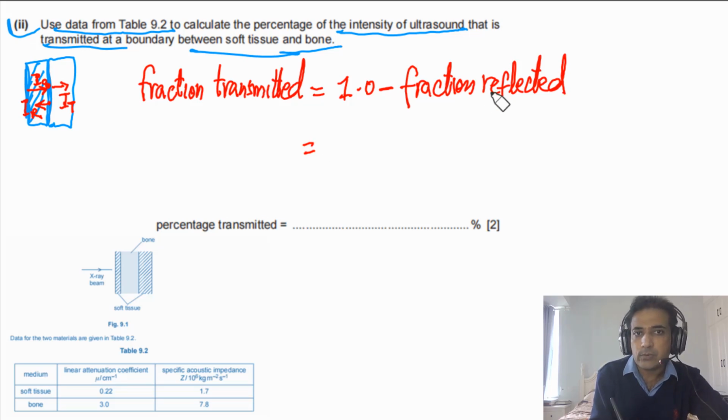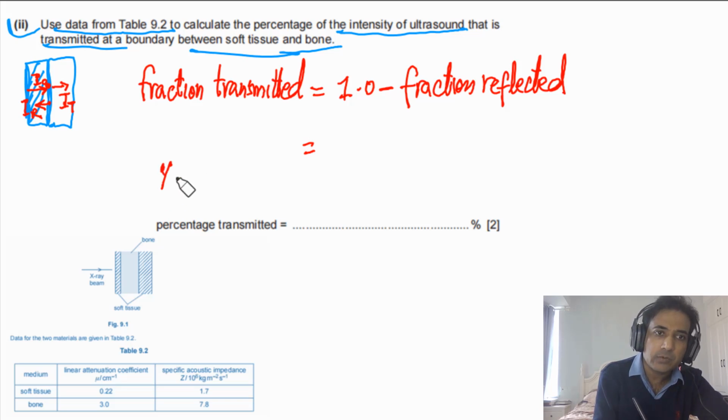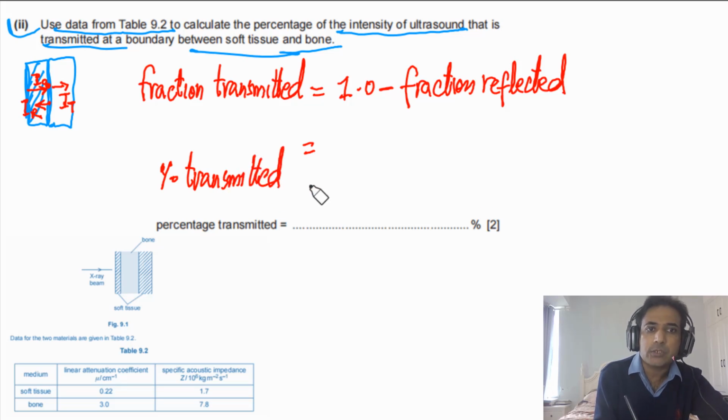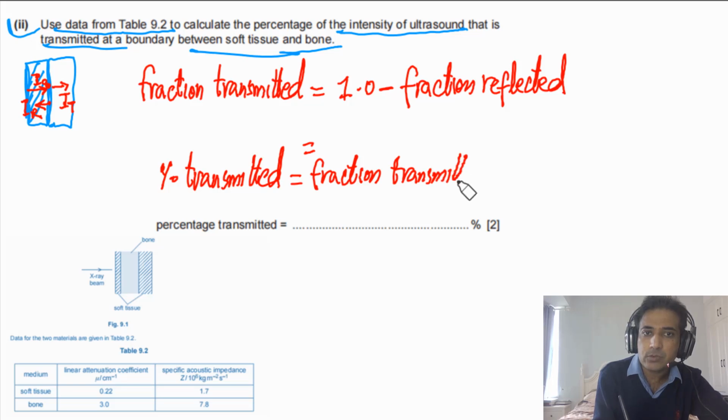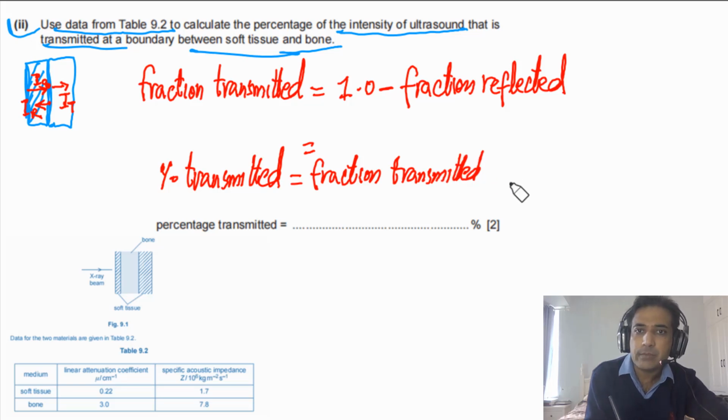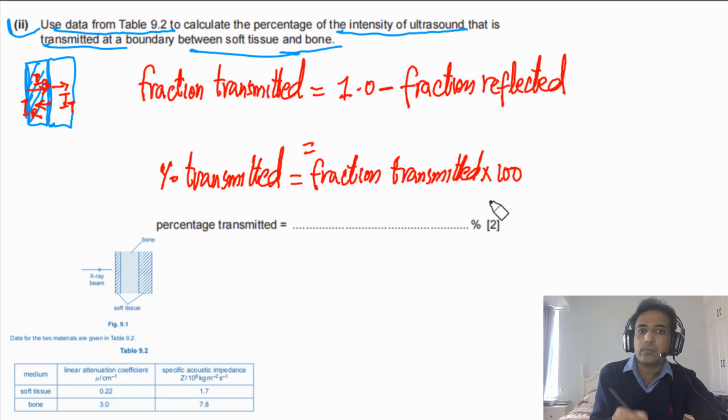If we can calculate the fraction reflected, we can find out the fraction transmitted, and if we have the fraction transmitted, then we can find out the percentage transmitted. The percentage transmitted will be equal to the fraction transmitted times 100. This is how you need to answer the question.